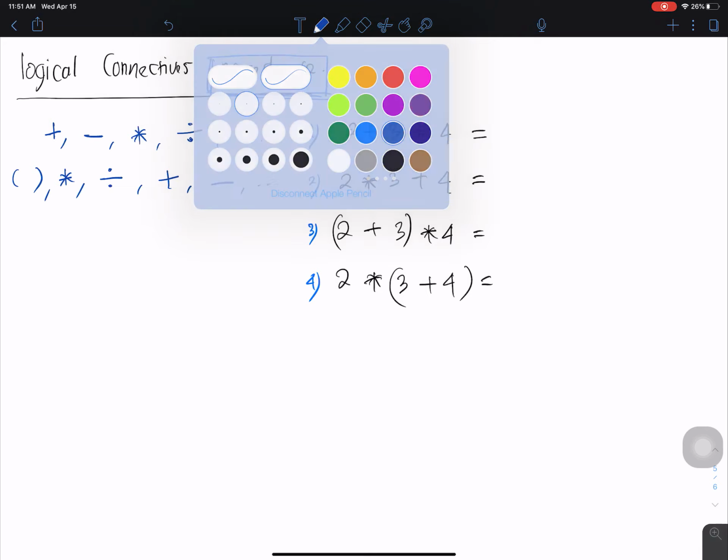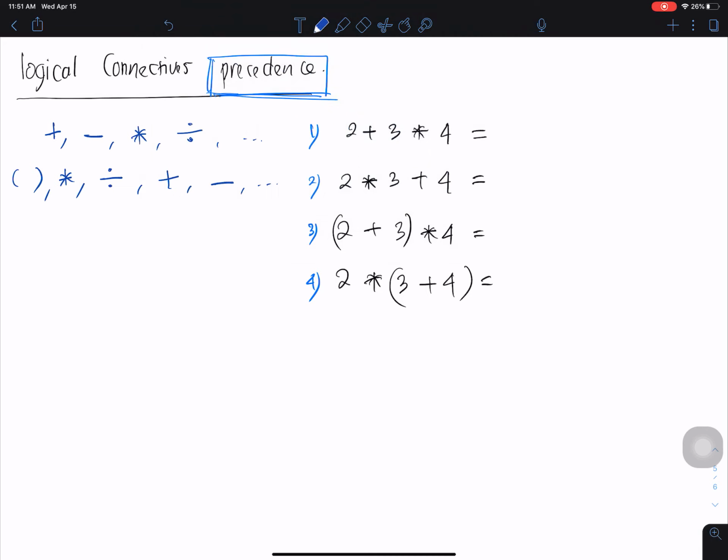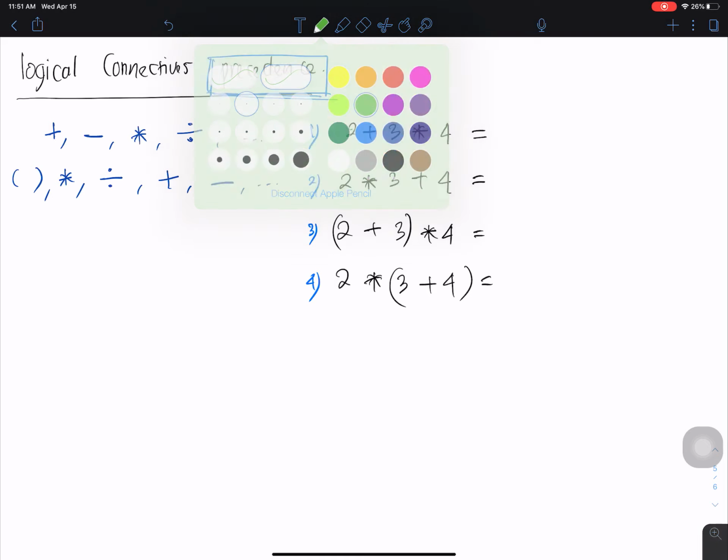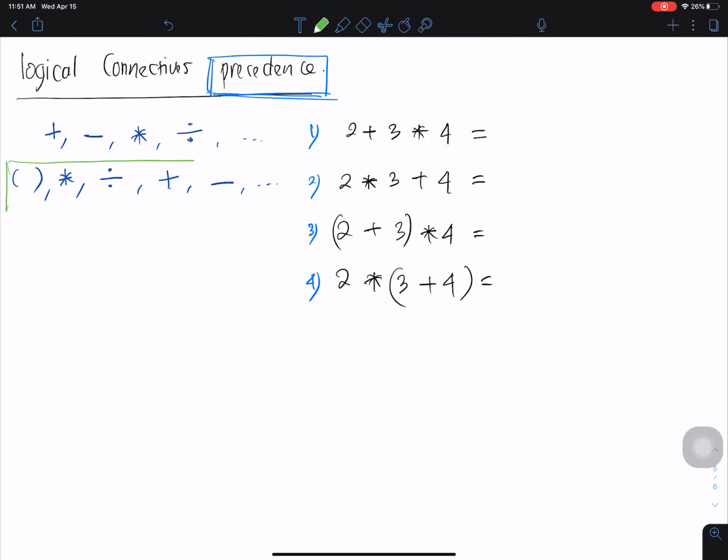So how are we going to solve the problems given here? One thing important you need to understand is the precedence. In maths, as we mentioned earlier, this is the precedence, so you will know which one you have to do first. The bracket will be the first one, followed by multiplication, division, addition, and subtraction.